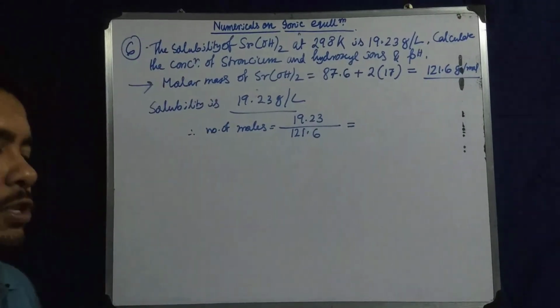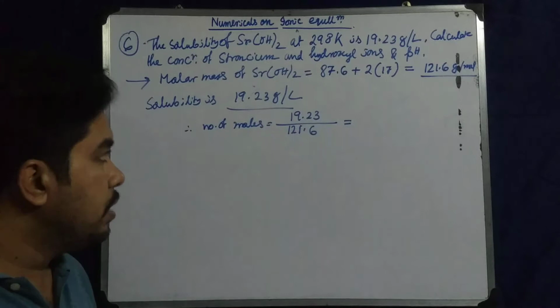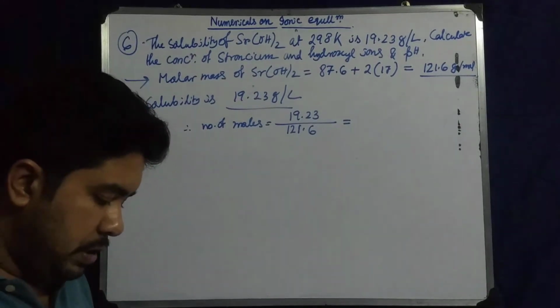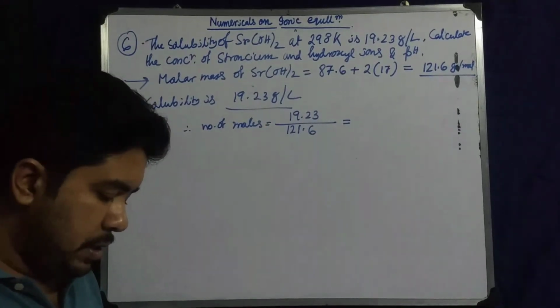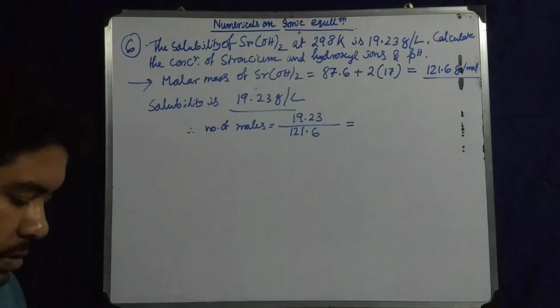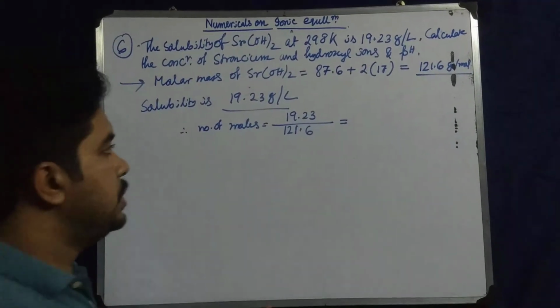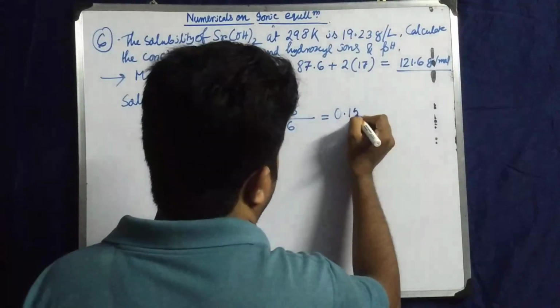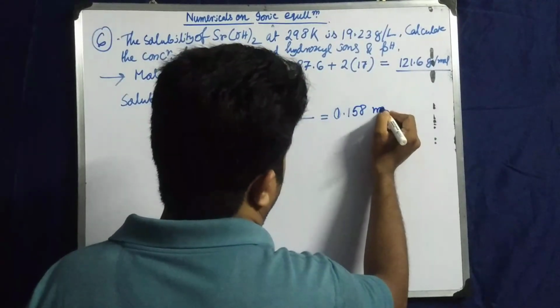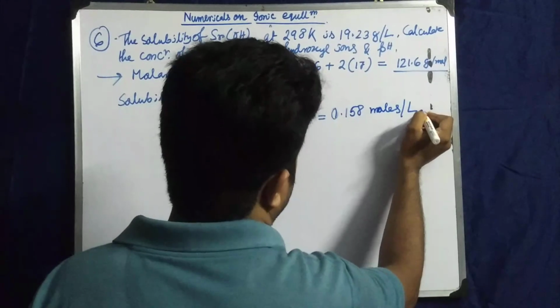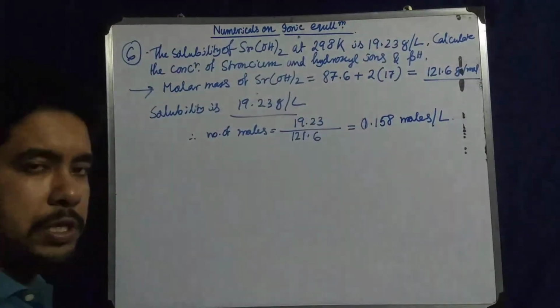So I have to calculate it in moles per liter. Let me calculate it. 19.23 divided by 121.6 is 0.158 moles per liter. Okay, we got it, moles per liter.